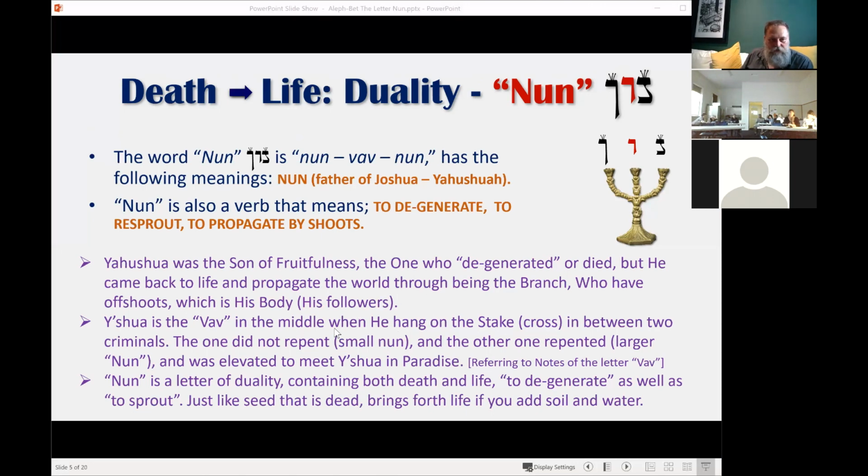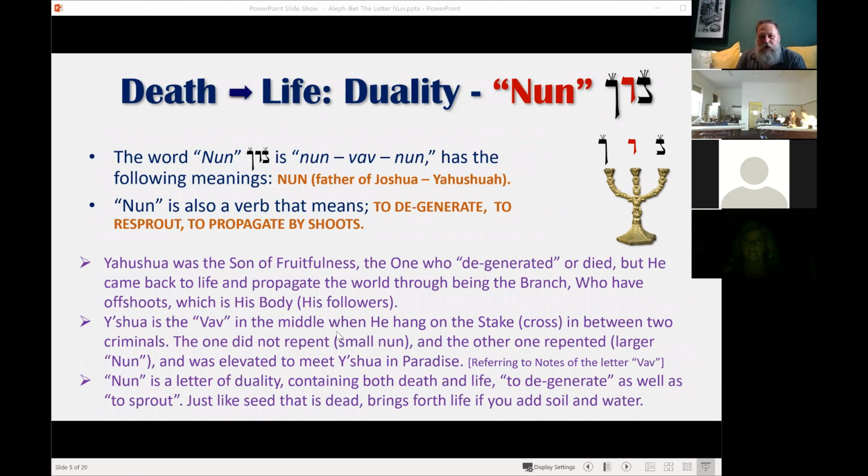When we studied the letter Tet, we looked at the concept of duality, where there are two poles, two extremes of life and death, darkness and light. And between those two poles, there's a force or an energy or a spiritual entity that exists between those two. And that field that flows is the energy that sustains this world which we exist in.